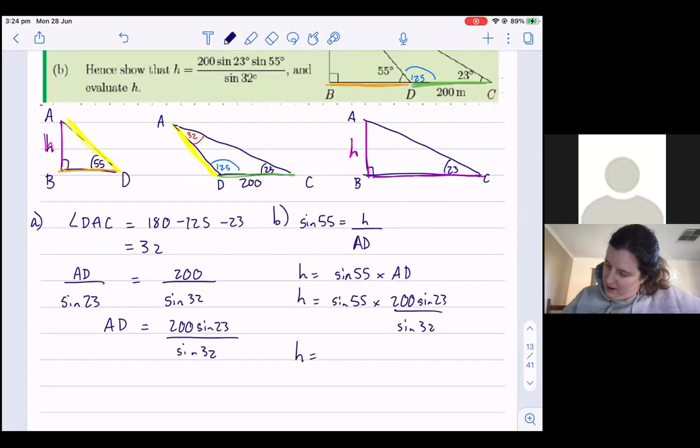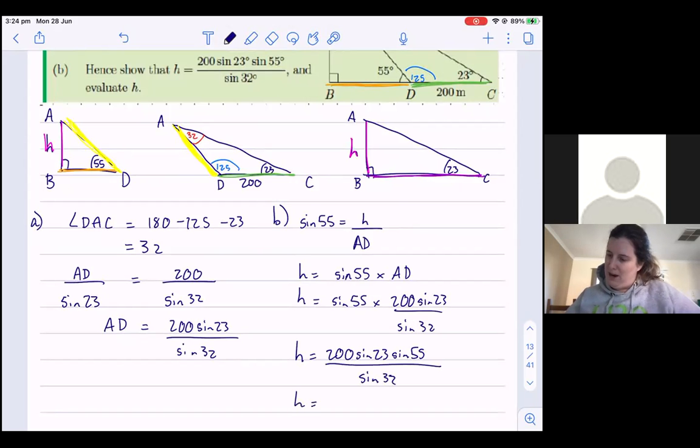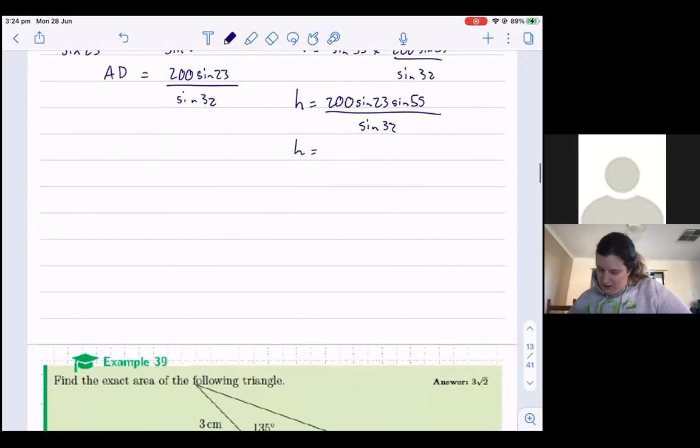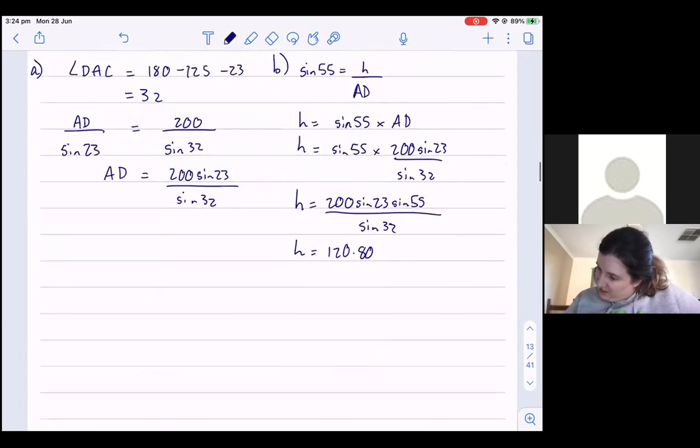And we'll just rewrite it as they have: 200 sine 23 sine 55 over sine 32. After that, it's just a matter of mashing it in our calculator. So we've got 200 sine 23 sine 55 on sine 32, 120.80 meters.